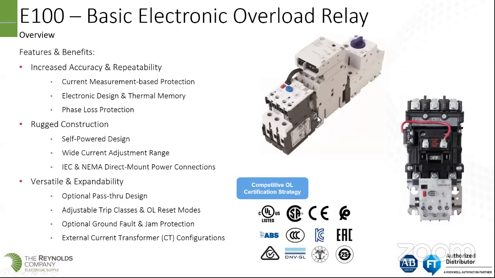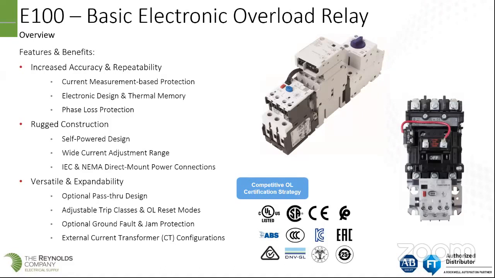With the E100, you can see on this slide that the new chip increases the accuracy and repeatability within the unit itself. It's a rugged design. It's self-powered. It still has the wide current adjustment range of 1 to 5 amps. It can be direct mounted to an IEC or NEMA contactor.